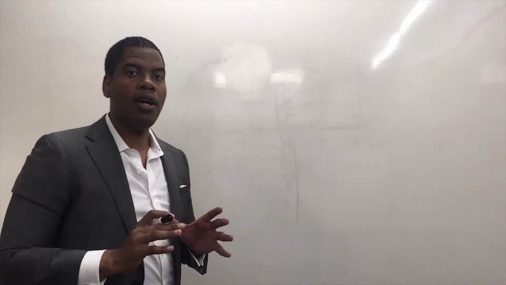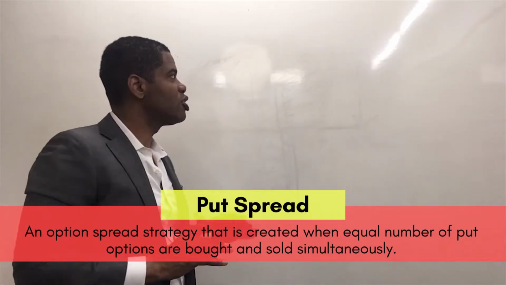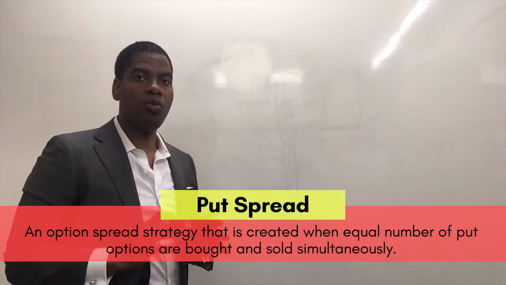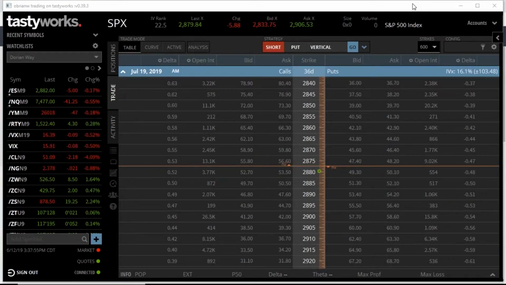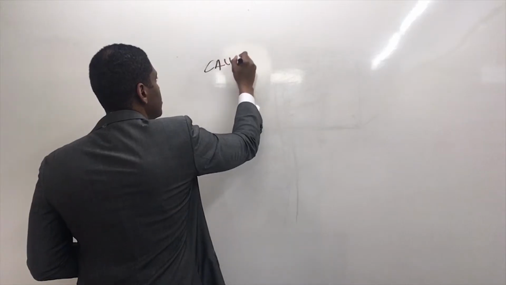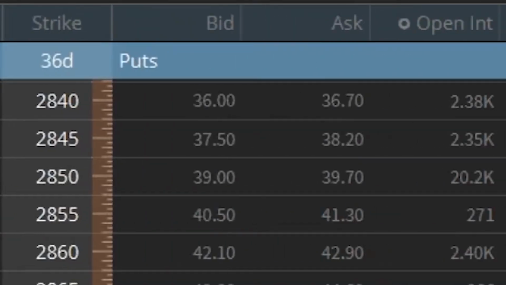I want to show you how to sell a put spread by showing the structure of it on this whiteboard. When you have an option chain, you have calls to the left and puts to the right.